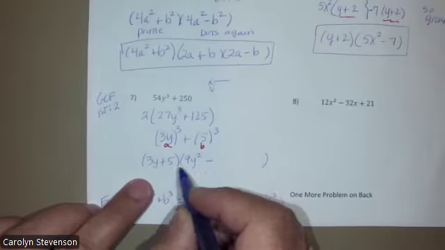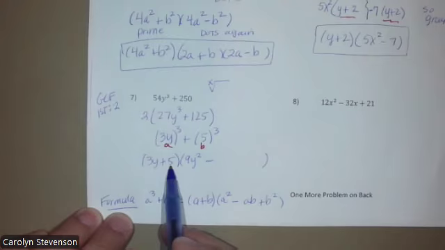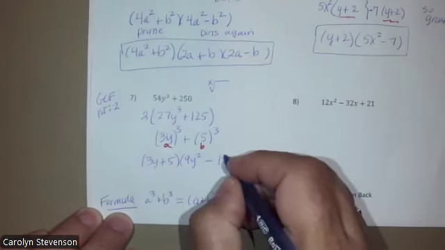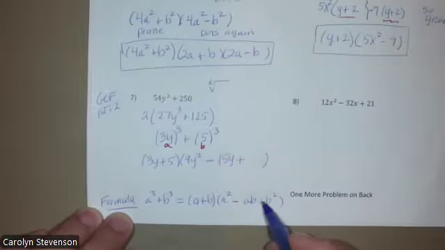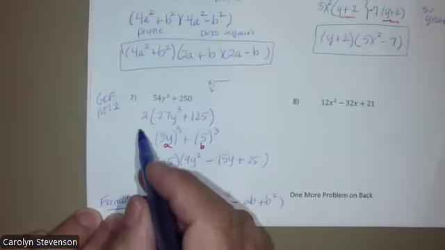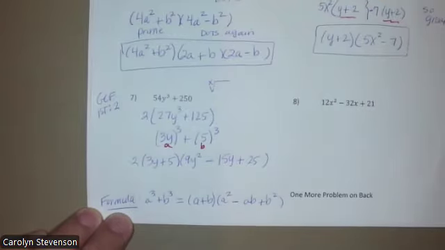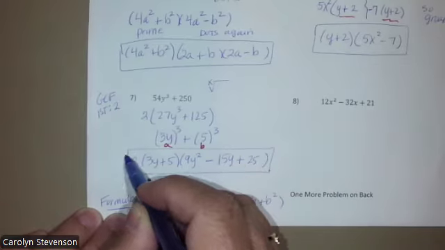Next sign's the opposite of what we have here. Then the middle part is the product of these two. So 5 times 3 is 15y. The last sign's always positive, and then you square what you have here, so 25. And then we had that original GCF of 2. So that is the answer.